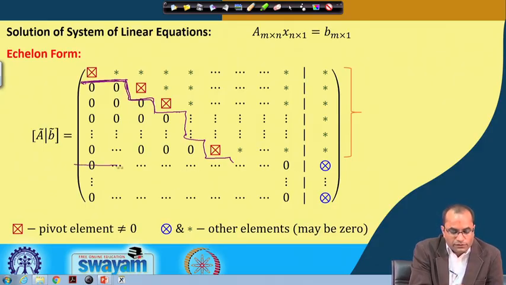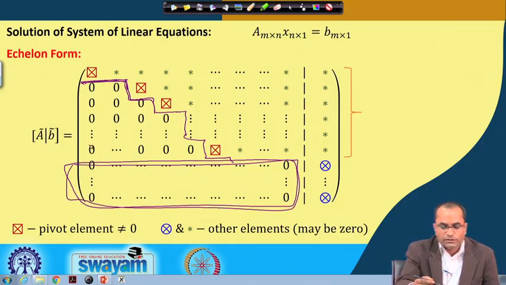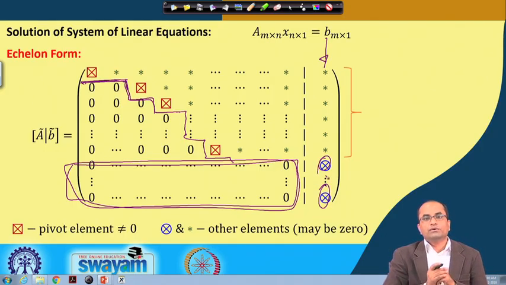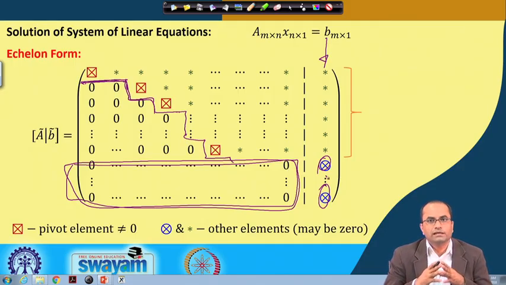If there are zero rows, they are taken to the bottom of the matrix, and from the augmented part which corresponds to B, these elements may be 0 and may not be 0. Once we reduce, we will see in one of the examples, a little more general example, how to exactly get this echelon form.